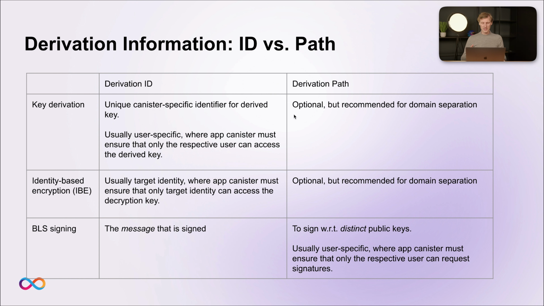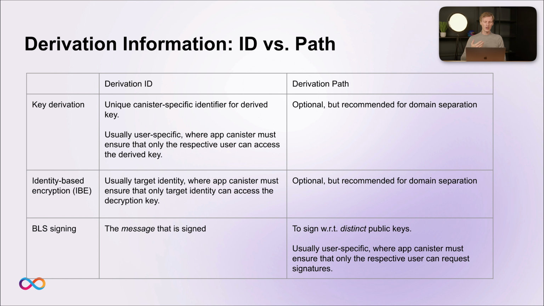The derivation path, as I said, in that scenario is optional, but we recommend to use it still for domain separation. We'll see in the demo how this is done. For identity-based encryption, the derivation ID is usually the target identity for which you want to encrypt something.